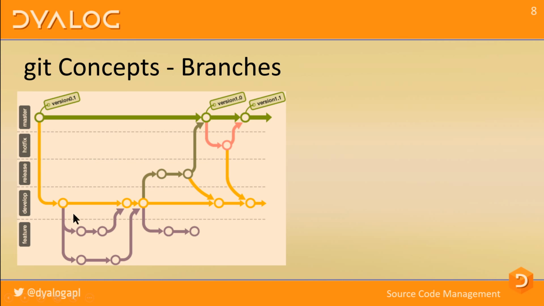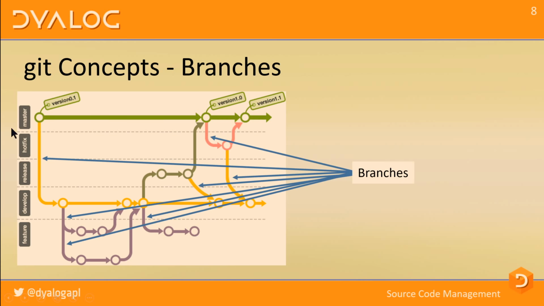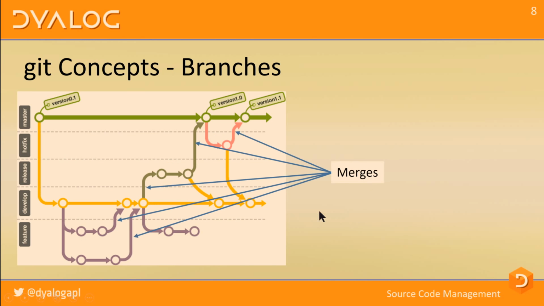And then you've got a development branch, which may have separate branches for features. And so anytime that you have an arrow that comes from a line, those are branches, so you can branch from a branch. And then anytime you have an arrow that goes to a line, that's where you're merging that particular branch back into another branch.